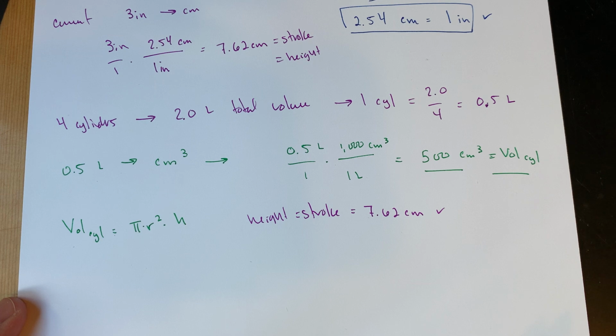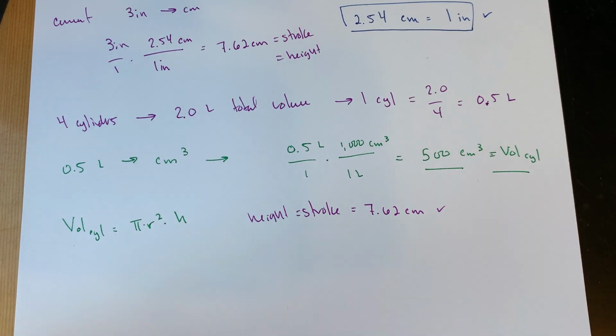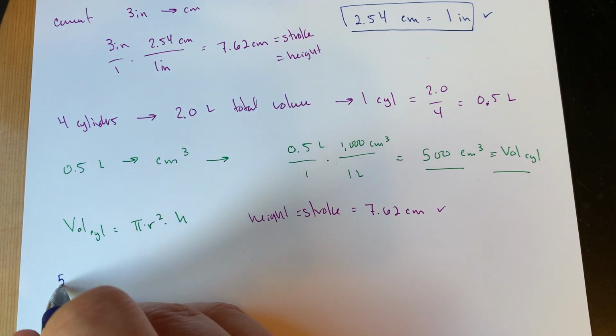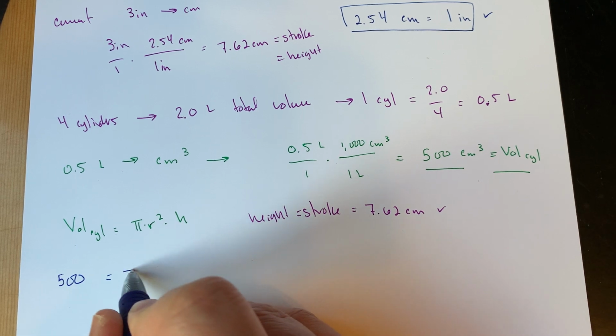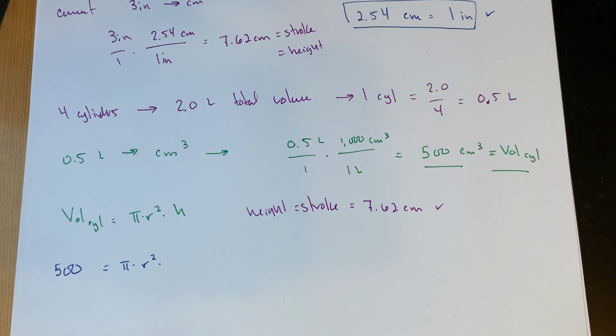In theory, we could do an algebra version of this. We've done that a little bit already, right? Where you have the radius. So let me show you what would happen if we subbed our values in and undid it that way. So this volume is 500. So that's pi times r squared times our 7.62.